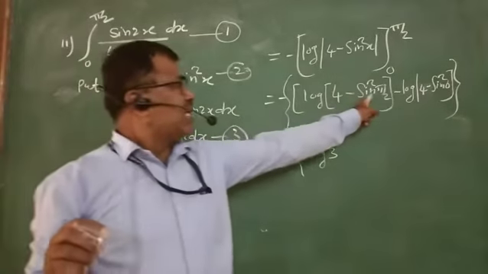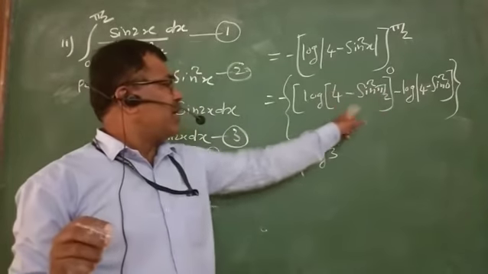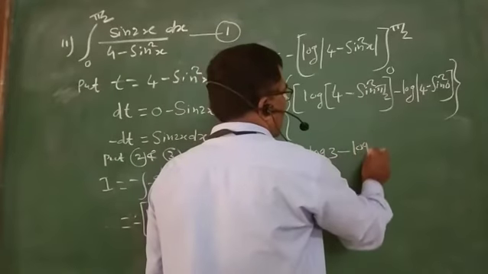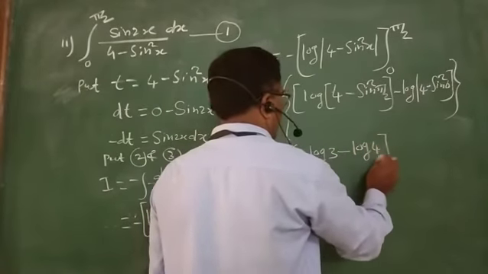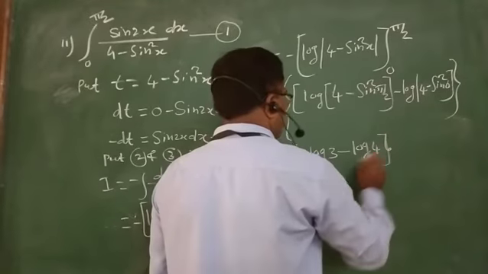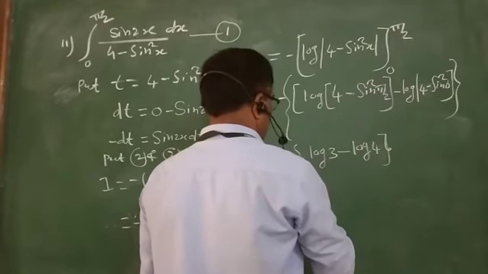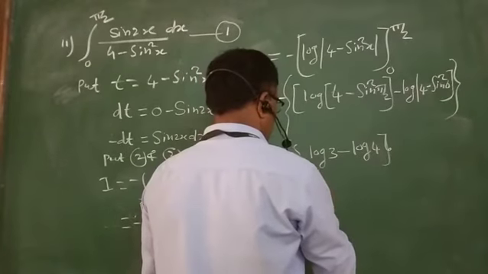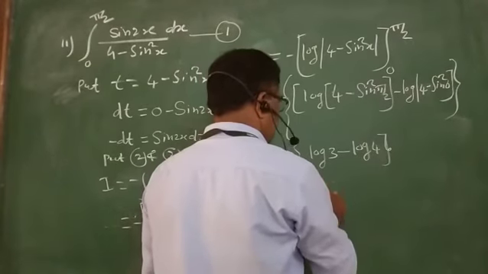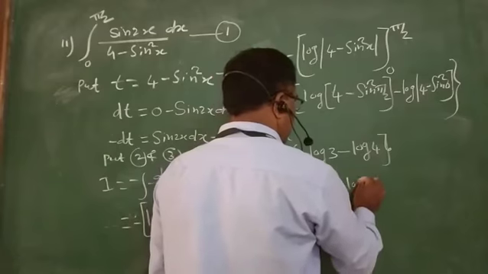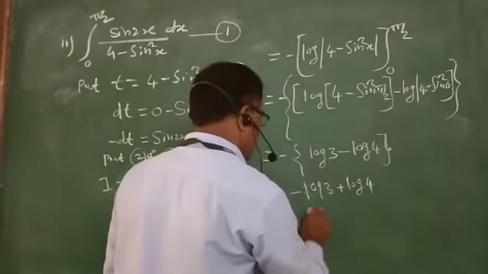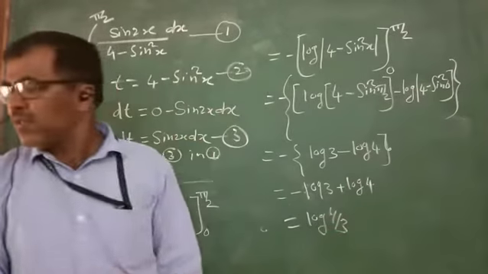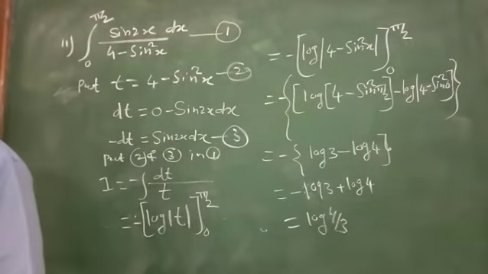We know sine square pi by 2 is 1, 4 minus 1 is 3. Minus log 4. That is equal to minus log 3 plus log 4 equal to log 4 by 3.